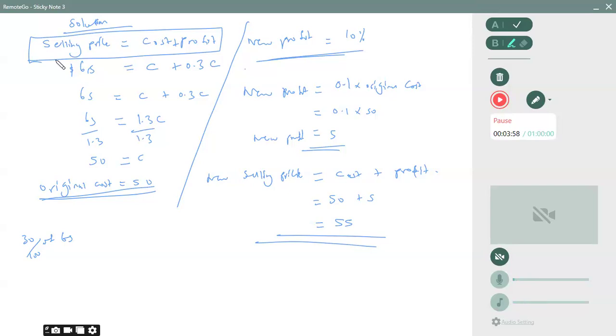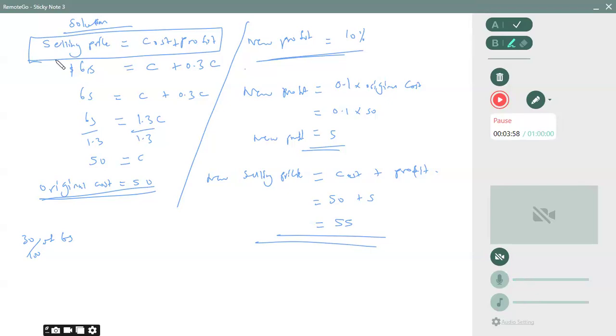By 10%. It implies that when we already know the cost, it's the now cost. Easy. We need to know our new value for profit, in terms of value, not percentage.